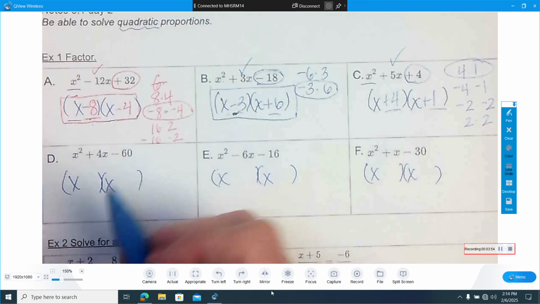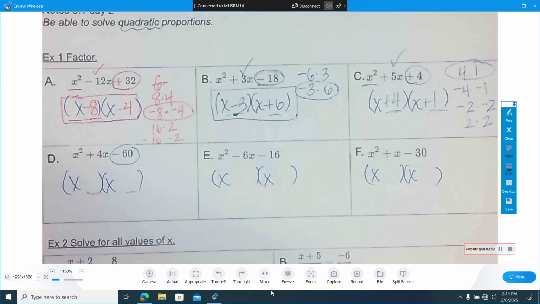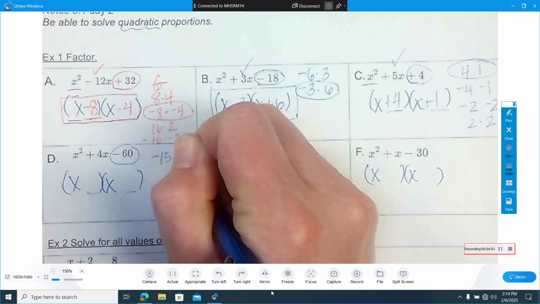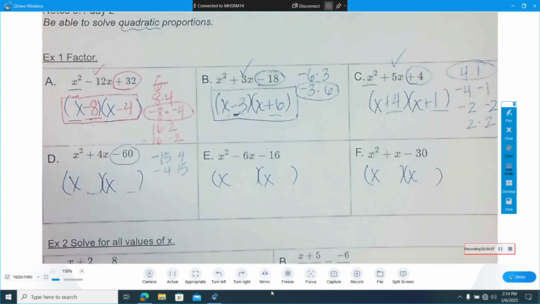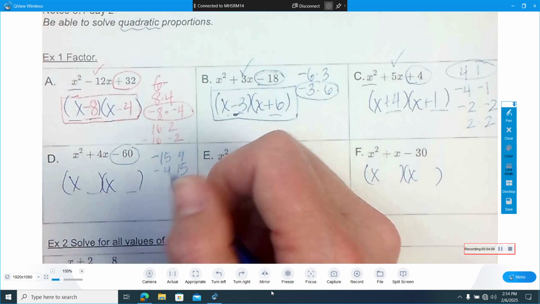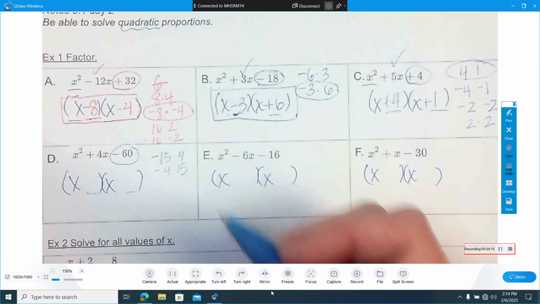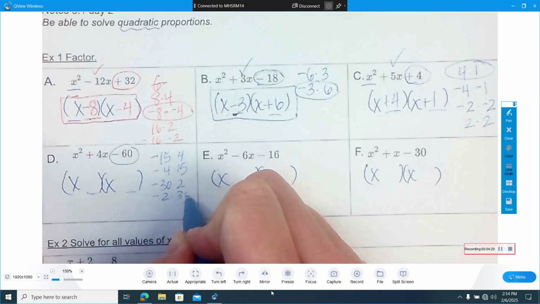Letter D. Last times last has to be negative 60. What times what is negative 60? 15 times 4. Ooh, negative 15 times 4, or vice versa. What else is 60? Negative 60. 30 and 2. Negative 30 and positive 2. Negative 2 and positive 30.